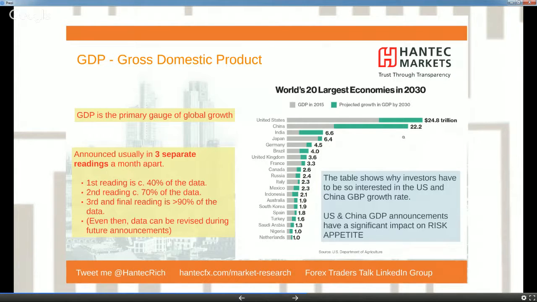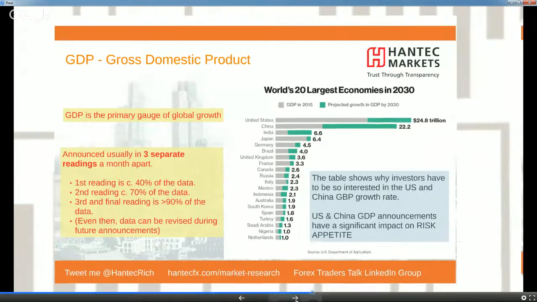But the markets will take a huge interest in both GDP announcements, because of risk appetite, because so many economies feed off China. All the tiger economies and all the emerging economies of the Asia Pacific region will run off China a lot of the time, Australia as well. So there is a significant interest in China as well as the States.